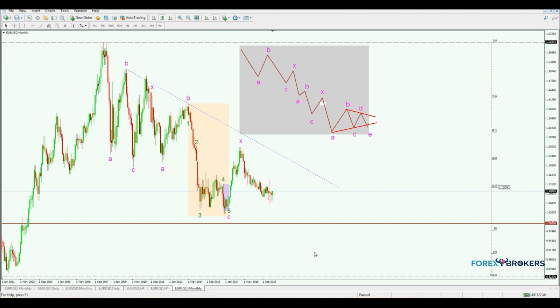Because the euro US dollar is the most popular currency pair among retail traders, it deserves a try, if you want, for identifying such a pattern.